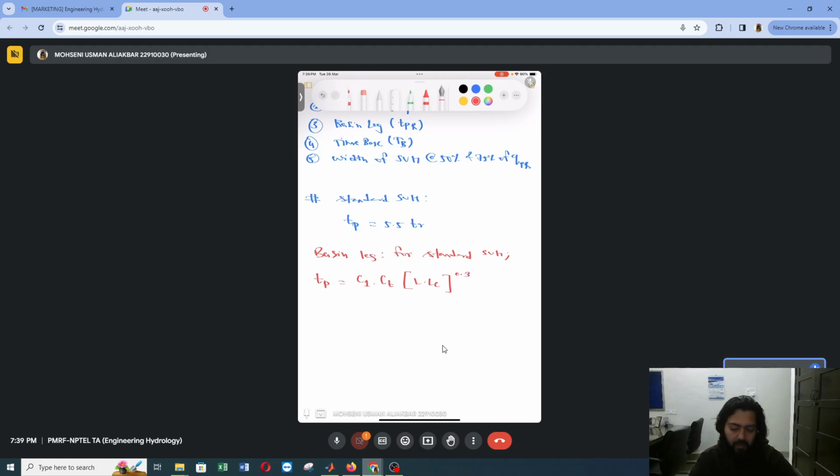So using this equation we can calculate the basin lag. Let us see what each term means here.